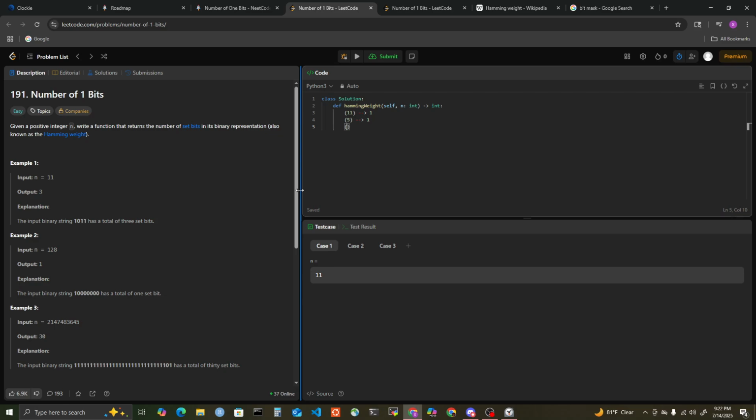And then we're gonna do 2. 2 is even, so it's gonna be 0. And then 1 is odd, so that's gonna be 1. There you go. Okay. Alright.